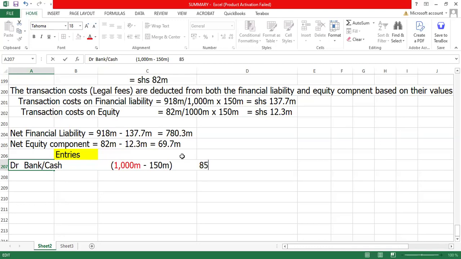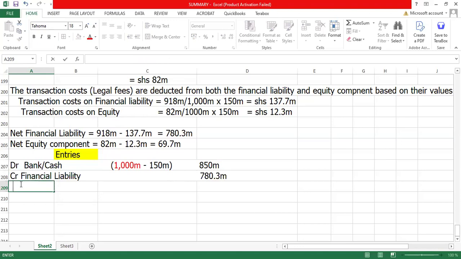So what do you get here? It's 850 million. Then you credit other things. You credit financial liability, the net amount, 780.3 million.